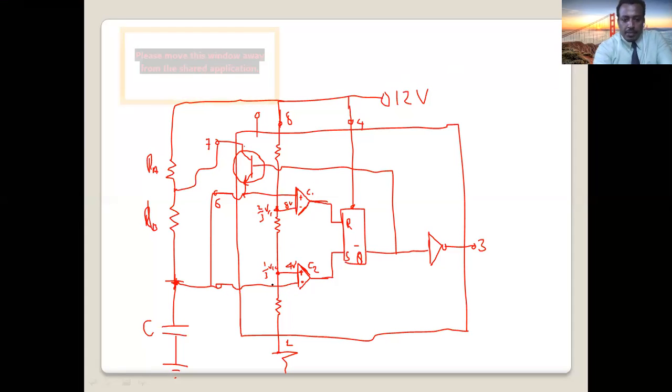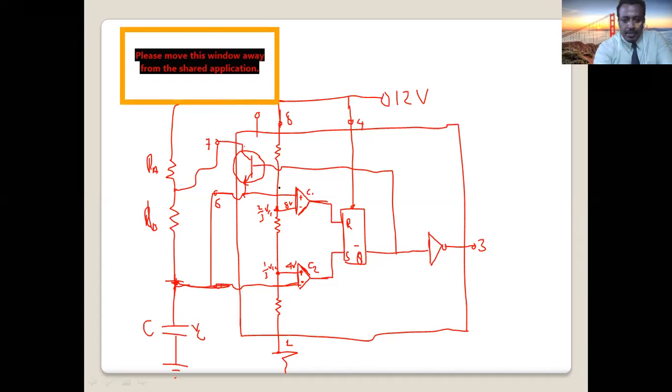How about the other input of the comparator, which comes from where? Which comes from the capacitor, VC. Capacitor VC comes at pin number 6. Here is what? VC. Here is also what? VC. Capacitor voltage VC at pin number 2 and at pin number 6, as you can see here, comes from the outside capacitor.